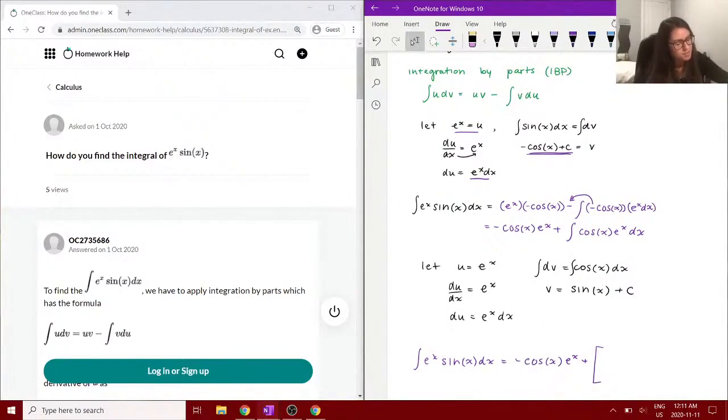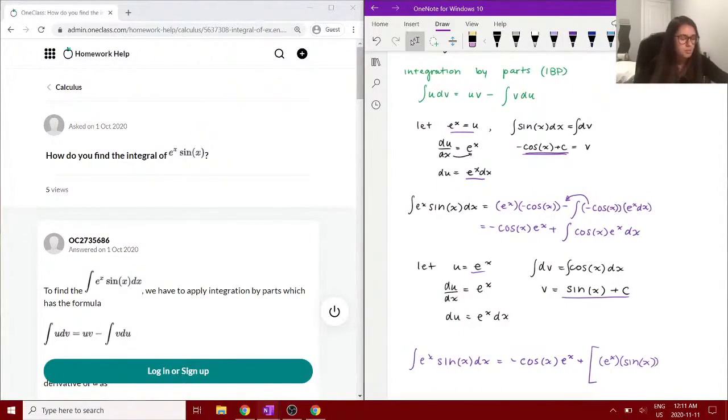Okay, so if we have u times dv, we're going to have u times v out in front. So u is e to the x times v, just sine x in this case. Remember, just leave out the plus c for later, unless you want to keep that in. That's up to you.